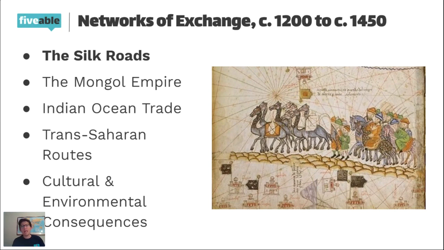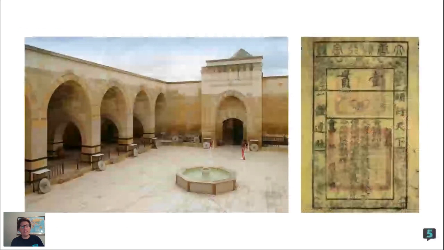To help with that, we have different innovations which come along. Caravanserai, for example, which allow stopover rest places that are very safe for travelers between stops on the Silk Road. Other innovations like forms of credit make trade much easier.